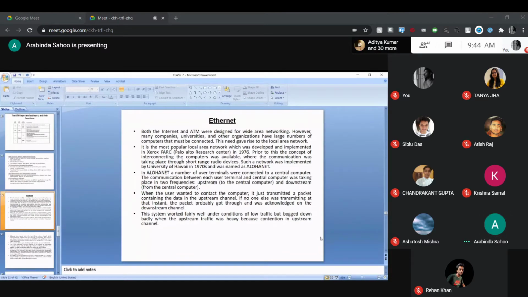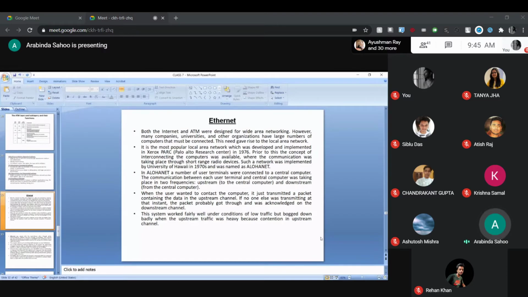If we want to connect all these computers or peripherals in an organization, company, or university, the local area network comes into the picture.